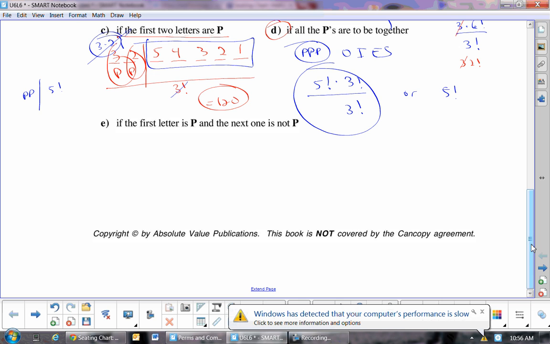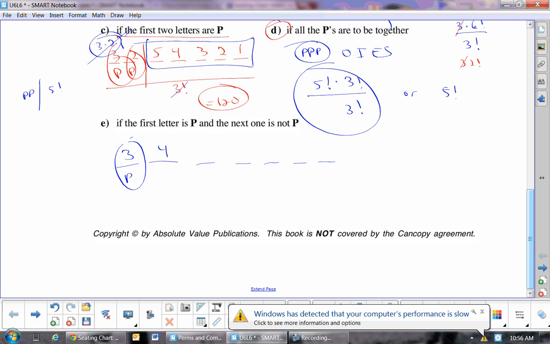So I would go 1, 2, 3, 4, 5, 6, 7. How many choices do I have for the first letter? 3. How many choices for the second? 4. Why?